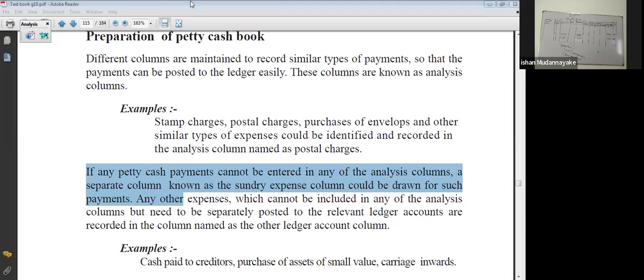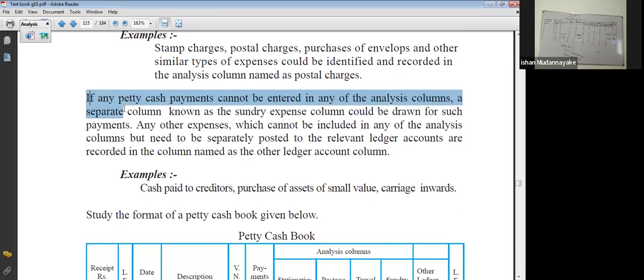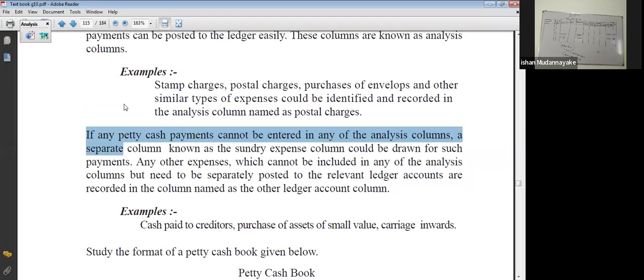Read next para. Yes, sir. If any petty cash payments cannot be entered in any of the analysis columns, a separate column known as the sundry expense column could be drawn for such payments.